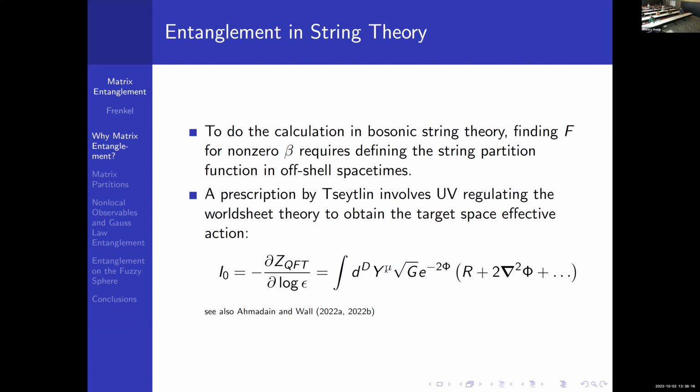And there's a recent review and extension of this by Ahmadain and Wall. But the point is that this is a prescription for recovering the bulk effective action of gravity from the string partition function, and so the calculation just reduces again to the case of semi-classical quantum gravity. And again, you find this A over 4G Newton.